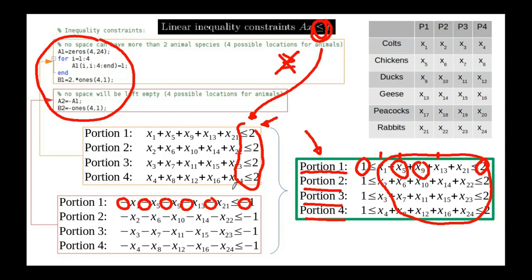So that's the way I have turned a greater or equal than 1. Now the variables with this sign change are less or equal than -1, not +1.